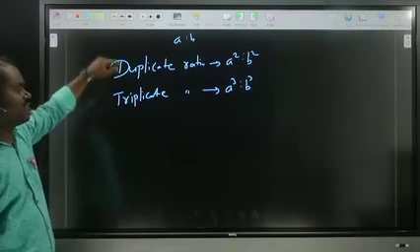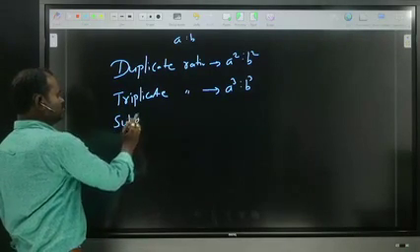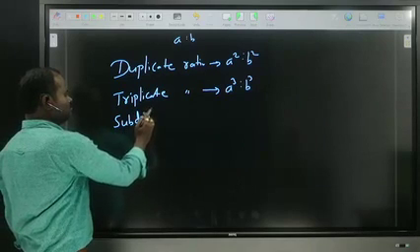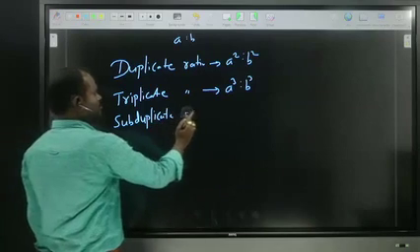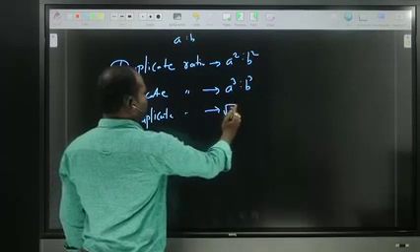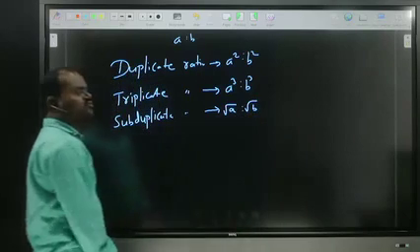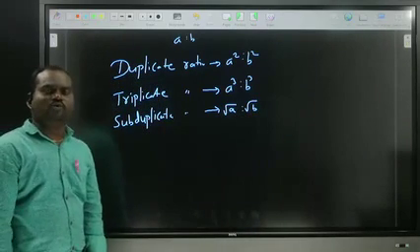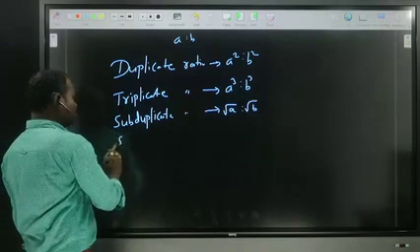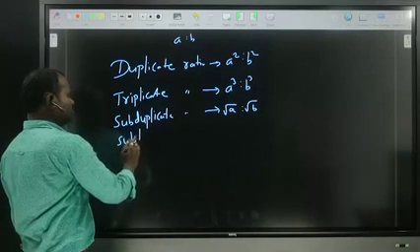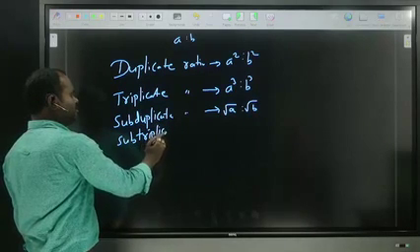For this reverse, that means subduplicate. Subduplicate ratio means square root of A is to square root of B. Next, for this reverse, subtriplicate.